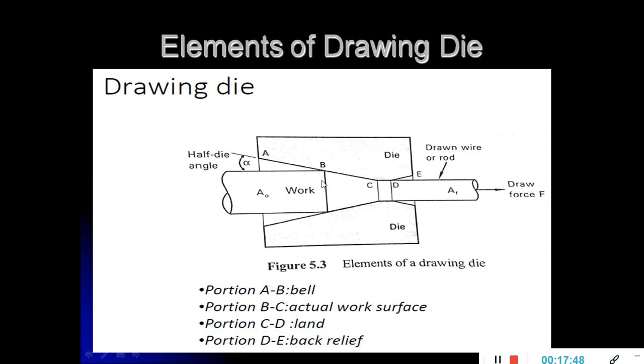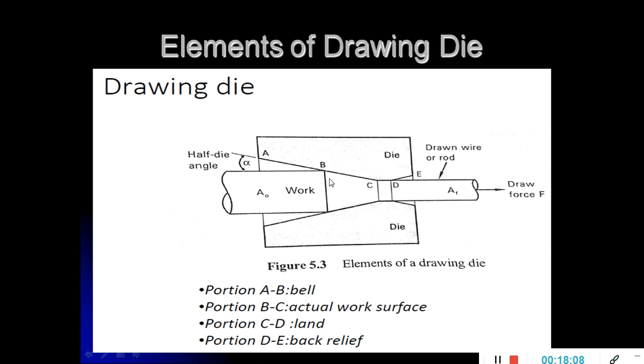Coming to the next element, known as BC. BC is the actual working surface, where the diameter of the wire or rod is going to decrease. It is the conical shape.